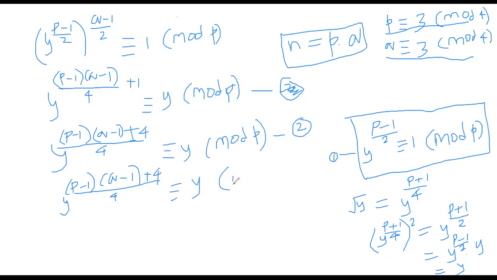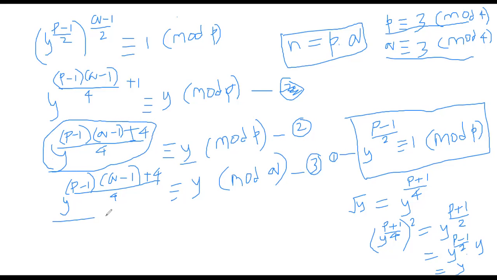Now we can apply the Chinese remainder theorem because p and q are relatively prime. We have some number. We did mod p, we got y, and we had the same number. We did mod q, we got y. That means the number must have been this number, because this is the number that we started with.